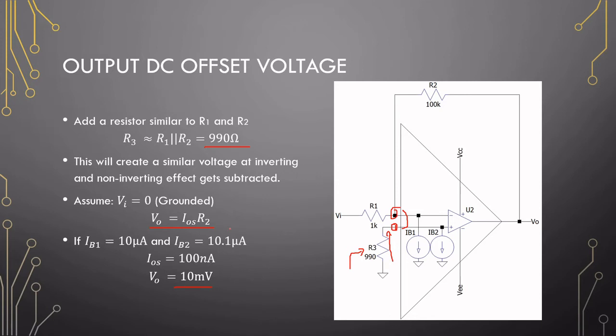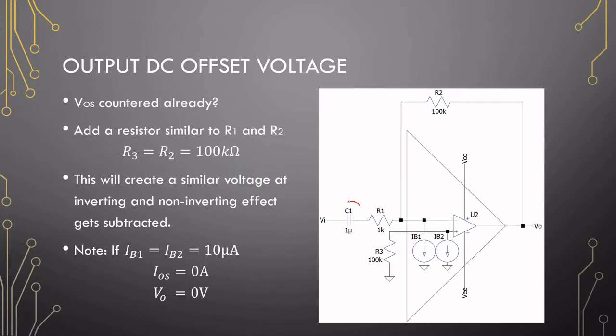Right. Now, in the case where we already applied the capacitor to counter for the offset voltage, this resistor now does not exist anymore to the DC current here. Okay, so there is no current flowing here. We only have a current flowing through R2. This means that R3 should be exactly the same size as R2. So R3 is R2, and then the voltages will be equivalent and subtracted.